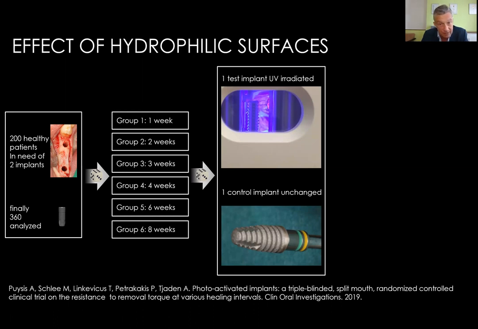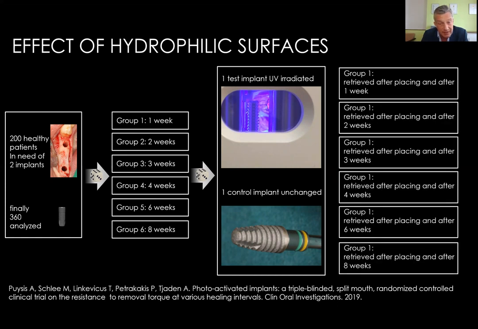One was a test implant irradiated with ultraviolet irradiation. This removes the biofilm and removes the hydrocarbons to achieve a hydrophilic surface. And one control implant was unchanged.